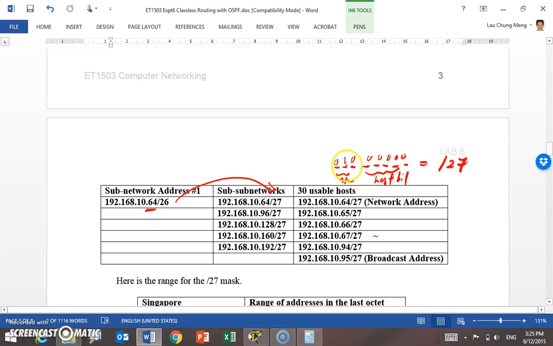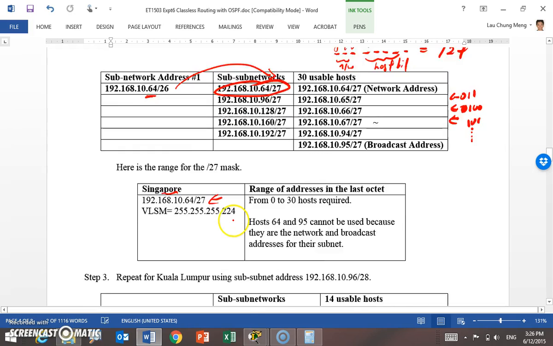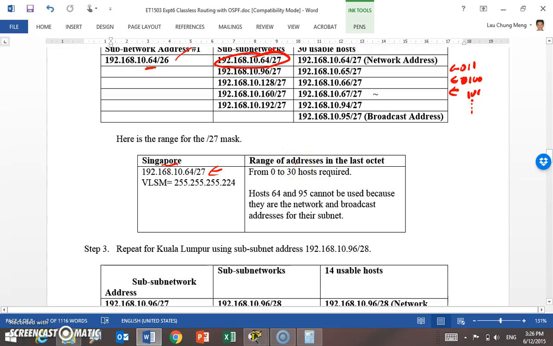It will be 011, then 100, then 101, and so on. These are your /27 networks. So we take the first /27 network and use it for Singapore.